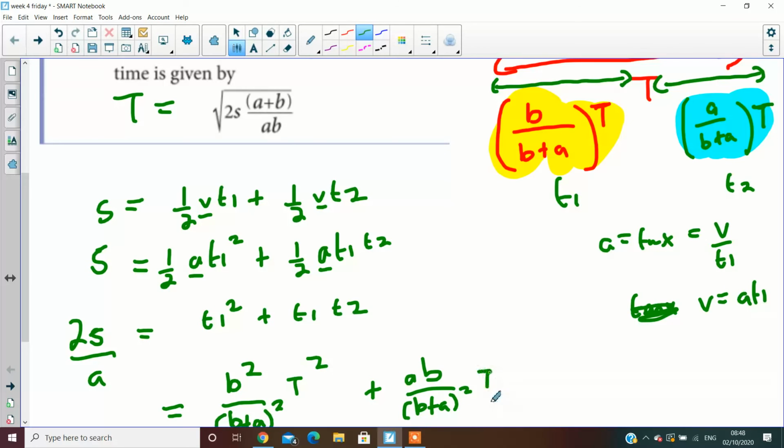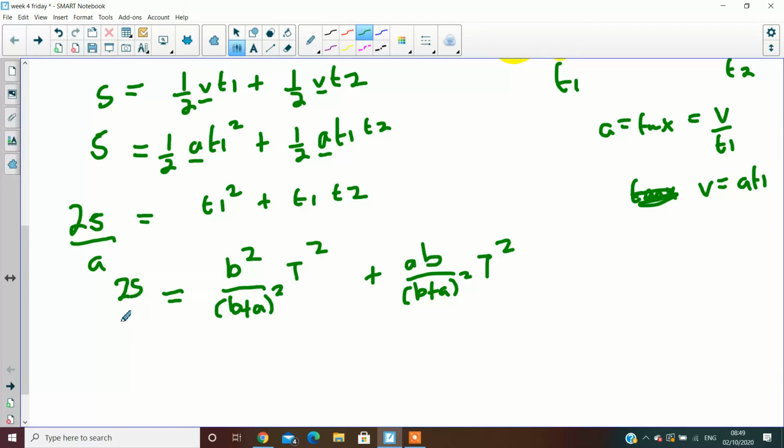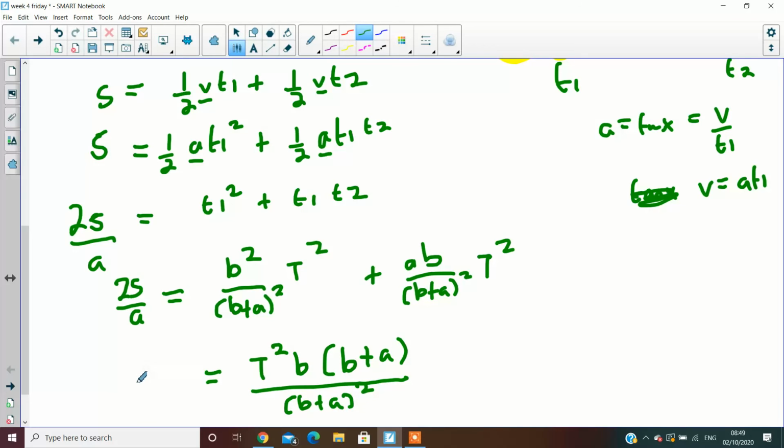T squared again. Now, we're so close and we're going to get it out, which is happy days. Factorize the top. What can I factorize out the top? T squared can come out. What else can come out? B, and what's left over? B plus A all over B plus A squared.